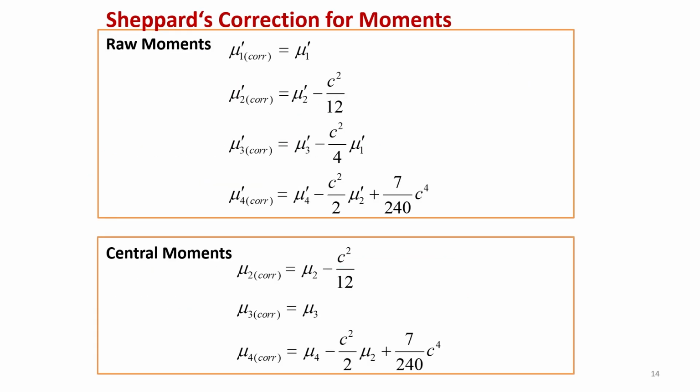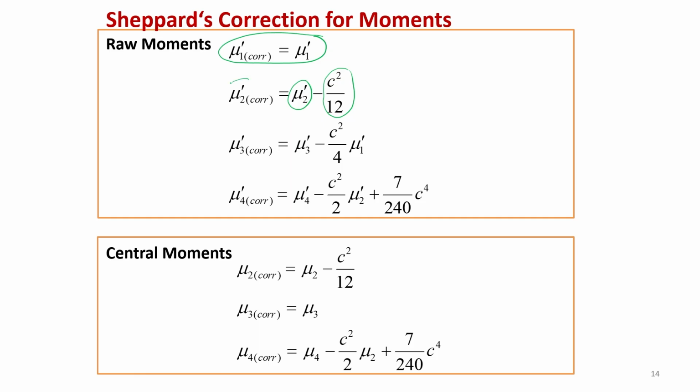So now Sheppard has suggested that there is no correction required in the first raw moment. So first we consider the raw moments, and in the second raw moment, the correction is required: the second raw moment is to be adjusted by the value c square upon 12.